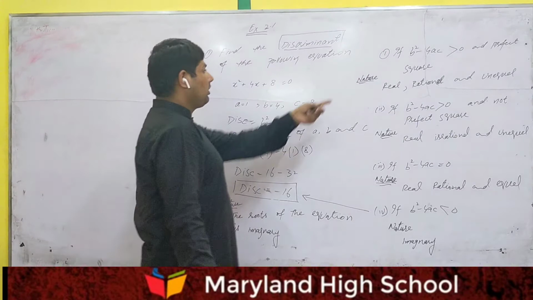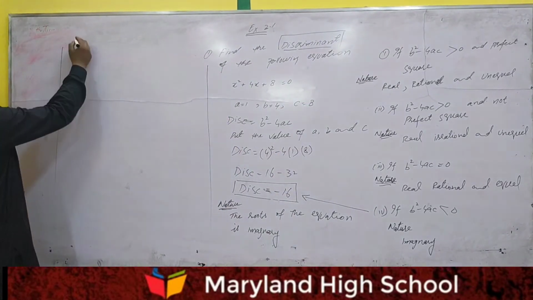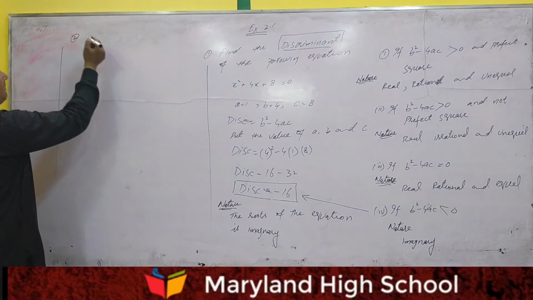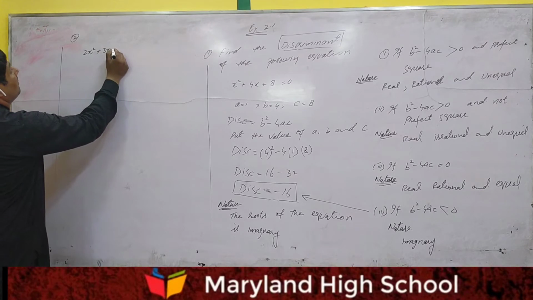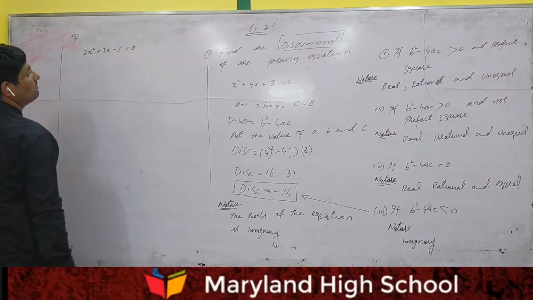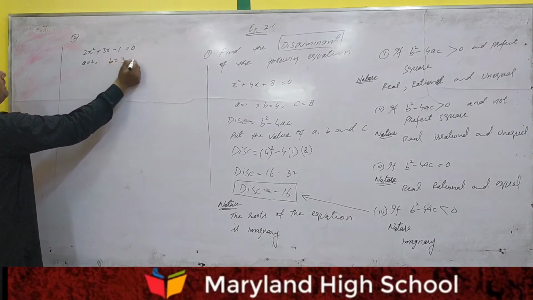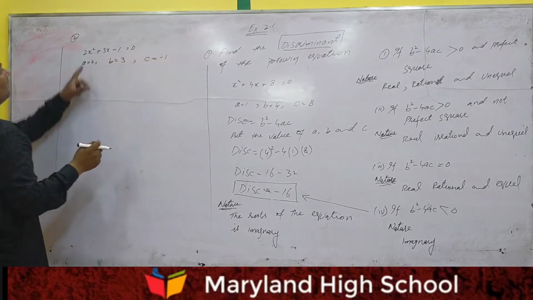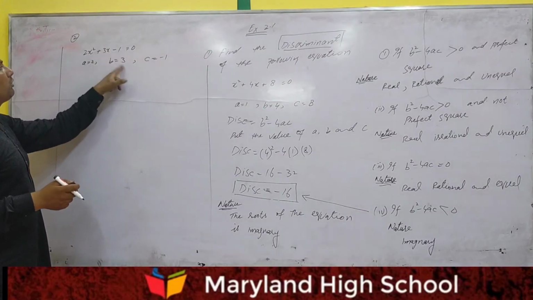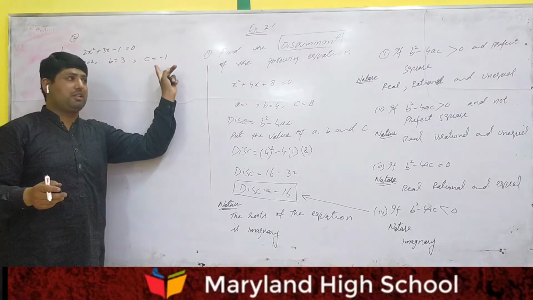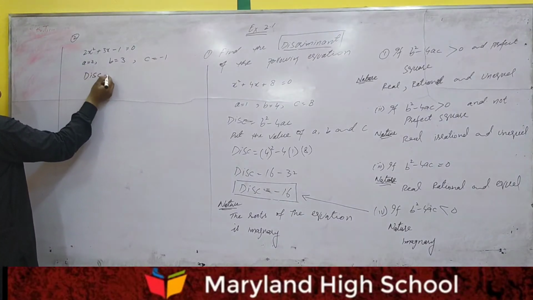Another example we solve. Second example, 2x square plus 3x minus 1 is equal to 0. a is equal to 2, b is equal to 3, c is equal to minus 1. The coefficient of x square is a, the coefficient of x is b, and the constant is c. Now find the disk.